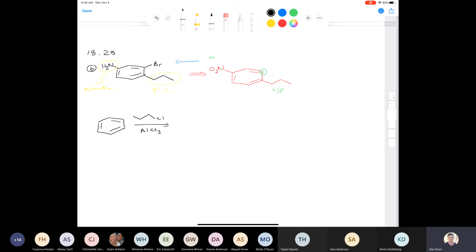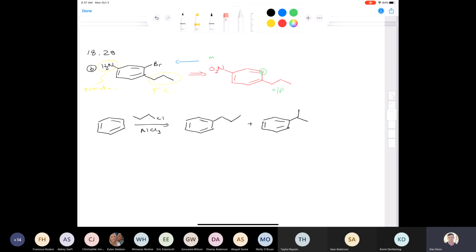If you were to do that, you'd end up with a mixture of isomers, sorry, not regioisomers. You'd end up with this compound where you have the propyl group like this, plus you'd end up with cumene, because that carbocation would rearrange. So that doesn't get you any further ahead.